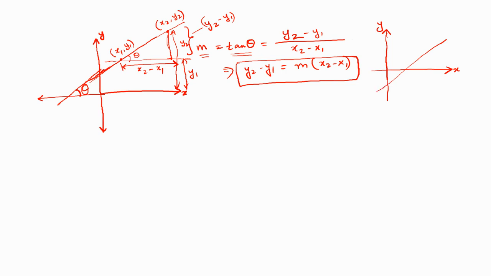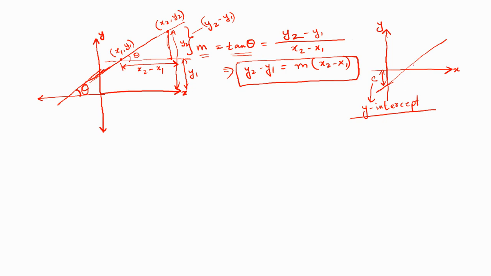Okay, and this straight line is cutting the y-axis at this point, and let's say this distance is c. So this c is called here the y-intercept. You can see from the English term intercept and y, you can understand at what point of y this straight line is cutting. That's why we call this c as y-intercept.